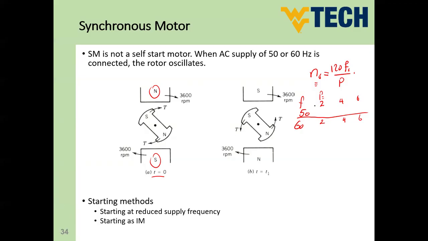Using this relation and substituting, 120 times 50 divided by 2 leads to 3000 RPM. If the number of poles is 4, this will be 1500 RPM. If it is 6, you can continue multiplying and get the value, and so on. The same here for 60 hertz: 3600, 1800, and I believe 1200, and so on.